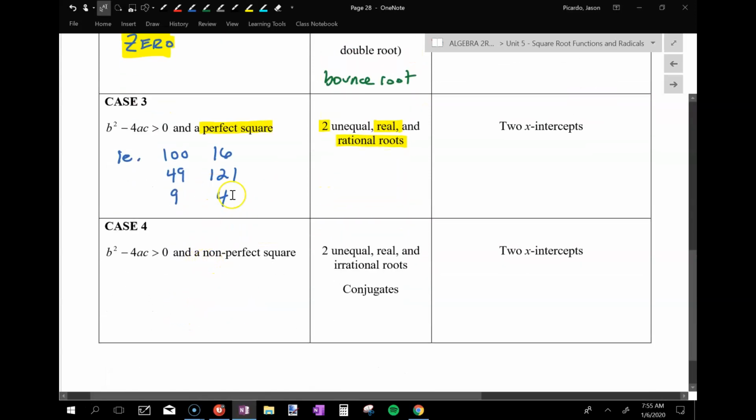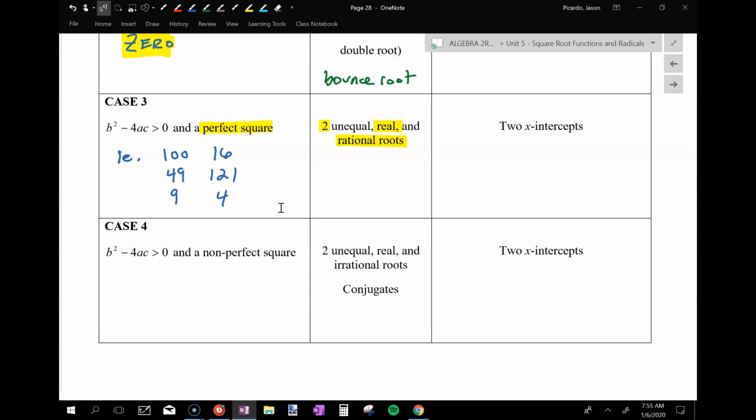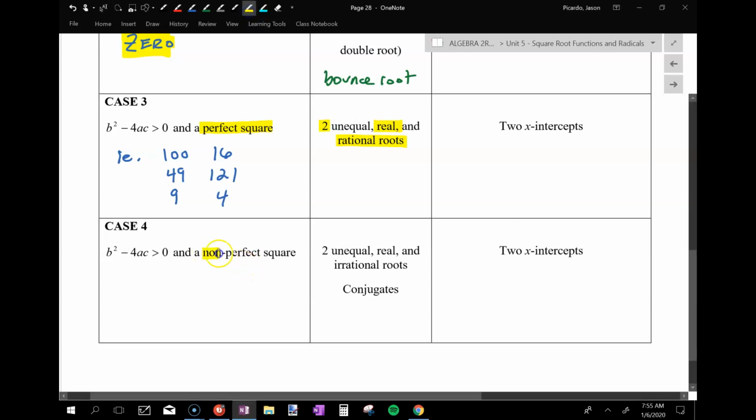And if it is a positive non-perfect square, right? So the example on the previous page, 48, 7, 11, 101, 3. Then what do you have? You have 2 real irrational roots.